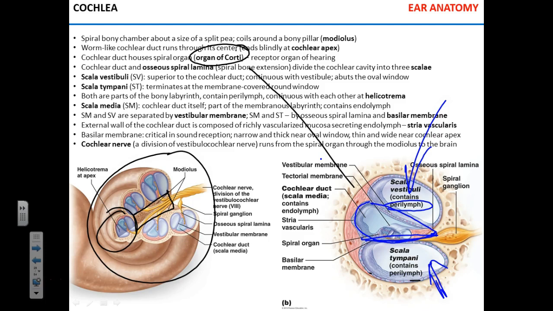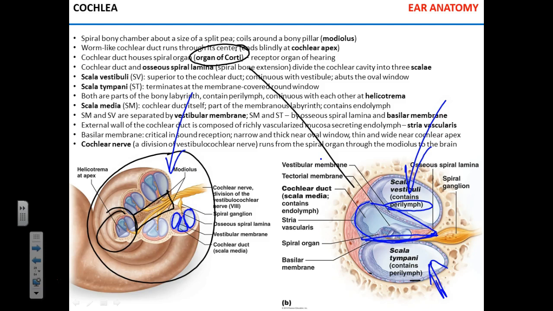Let's talk about it one more time. So you have several scalae. You have the cochlear duct, which is part of the membranous labyrinth. Okay. You have scala tympani, and you have scala vestibuli. Now you have to appreciate that this is the cross section. However, if you look at this model, with some level of imagination, you can imagine that these scalae are running through the cochlea, and they end up at the cochlear apex.